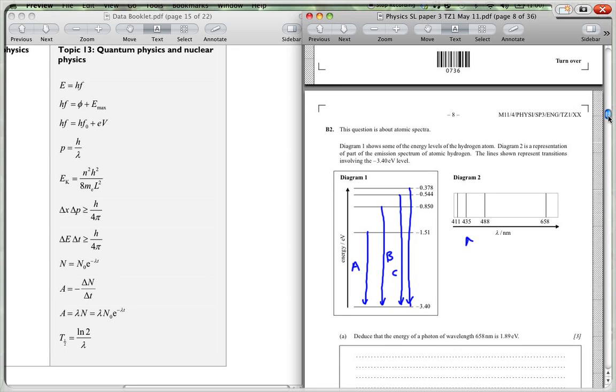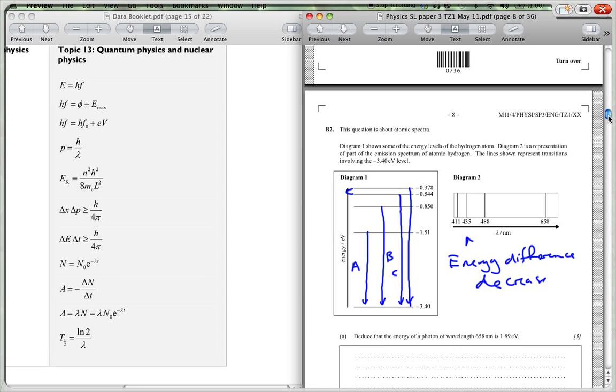Well, the energy differences decrease as the wavelength decreases.